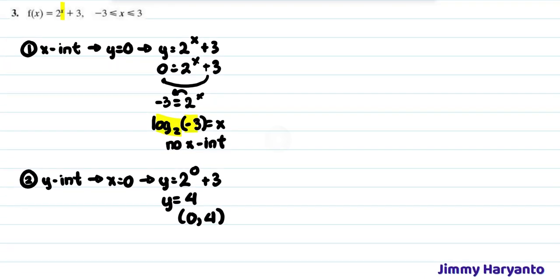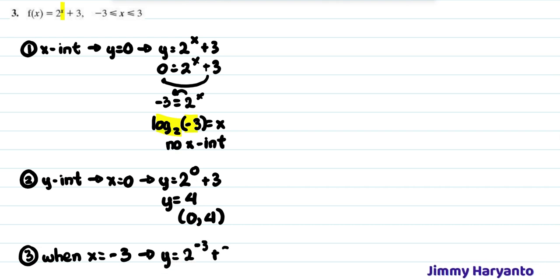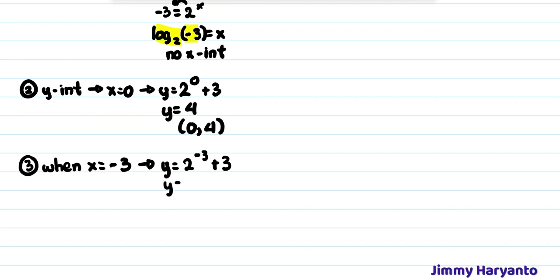And then maybe we want to find when x equals to negative 3, because the x is limited, so we have to find this one also. 2 to the power of negative 3 plus 3, you will have 3.125 if I'm not mistaken.